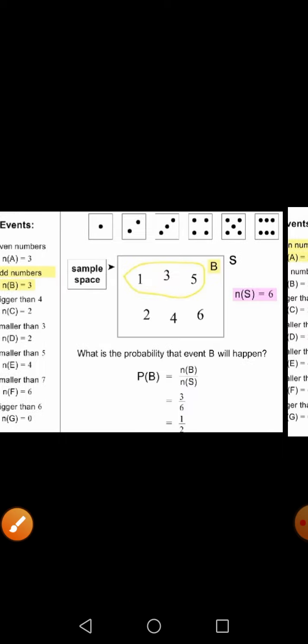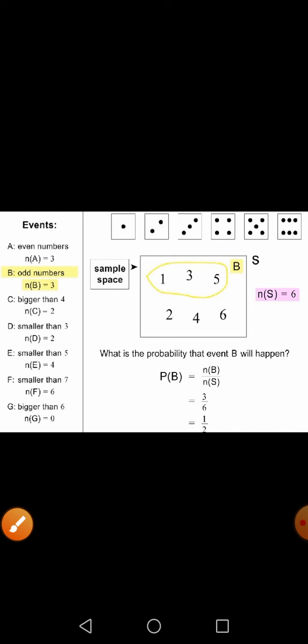Okay, coming to the second probability here. What is the probability that event B will happen? So I will write probability of B equals N of B, the number of the event B, over the number of the sum of outcomes, the total. So the number of B is 3 over 6, which simplifies to half.